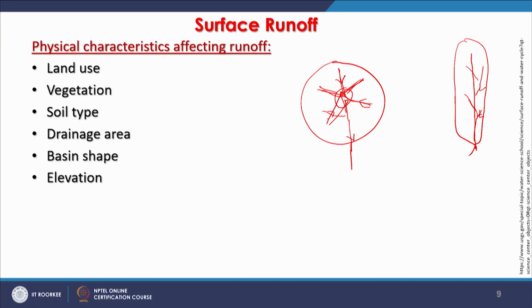Elevation also plays a very important role. Elevation influences your gradient or slope, and if the slope is high, there are more chances of surface runoff. If the slope is less, there are fewer chances. So, from the infiltration, percolation or groundwater recharge point of view, hindrances should be created so that water does not flow even in case of high slopes.